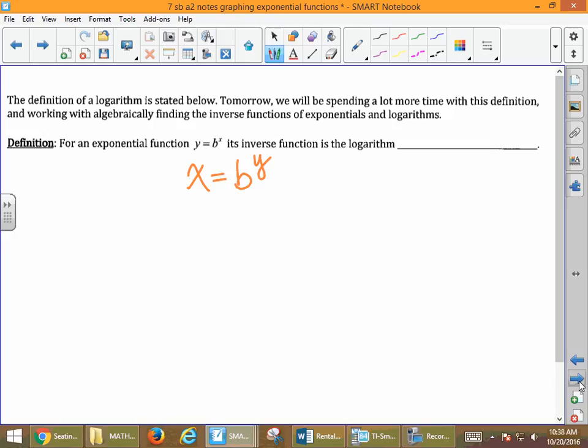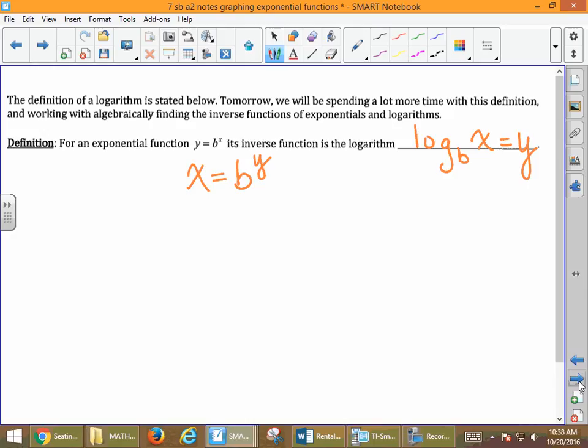So its inverse function is the logarithm, log base b of x equals y.